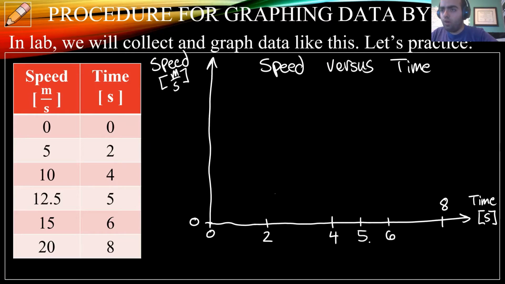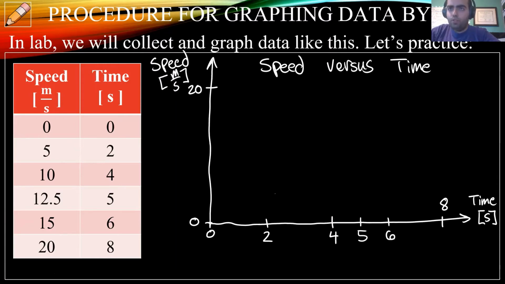So there's where I'll put 5, and then I've shown where all of my time values are going to be, and then I would do a similar thing on the vertical axis. My speed goes all the way up to 20, so up at the very top, I'm going to put 20.